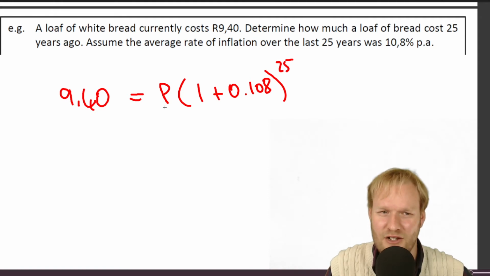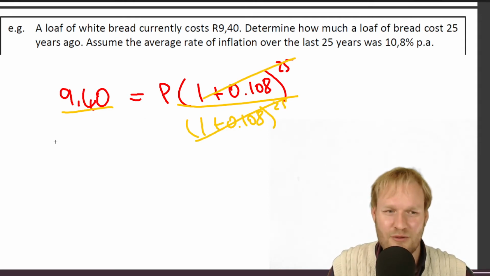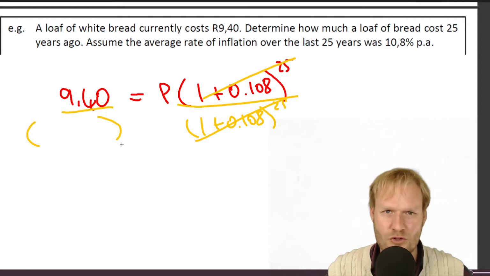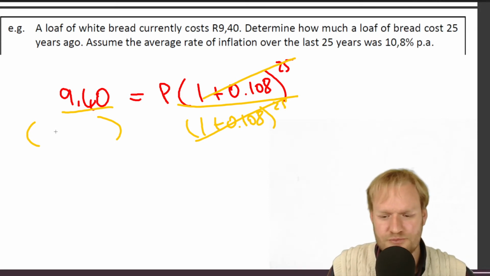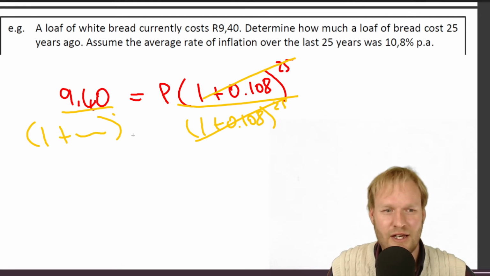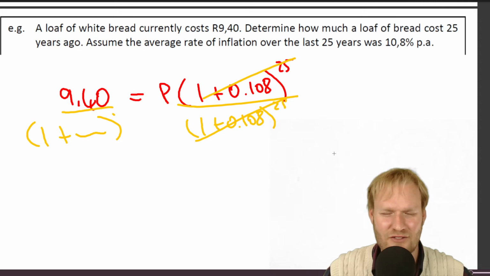We don't know what the present value is. So if we divide both sides by that thing, those will cancel and you get P. What you do on one side of the equation, you do on the other. So divide by that and you'll get your answer. Go for it. Whatever you get, it'll be interesting: how much was that loaf of bread?